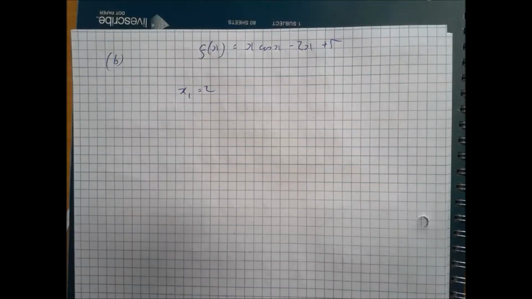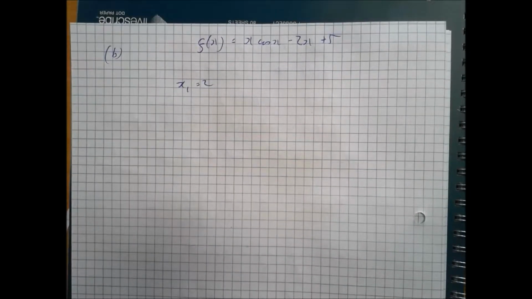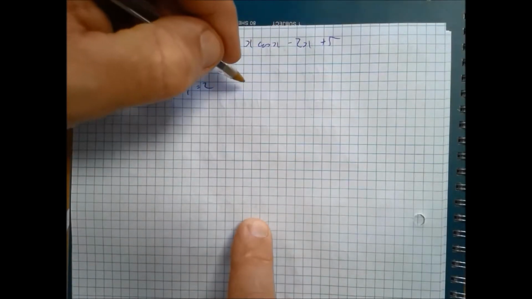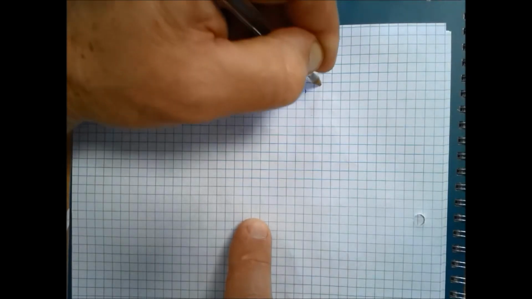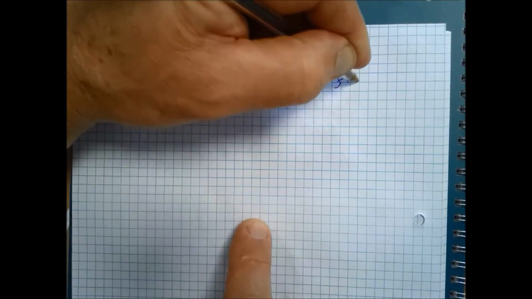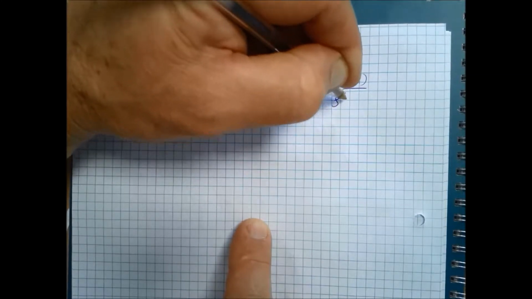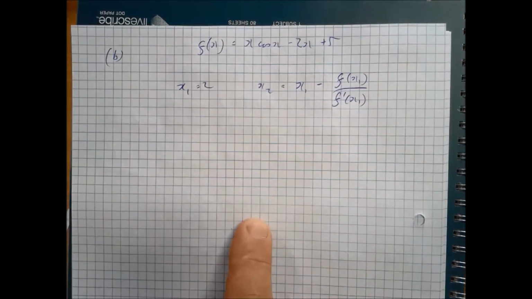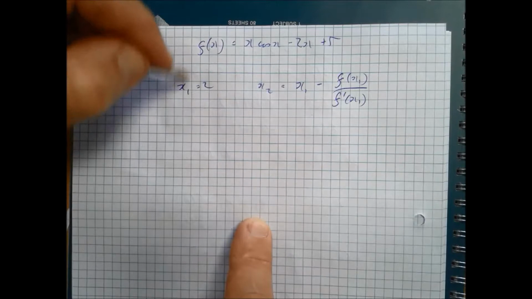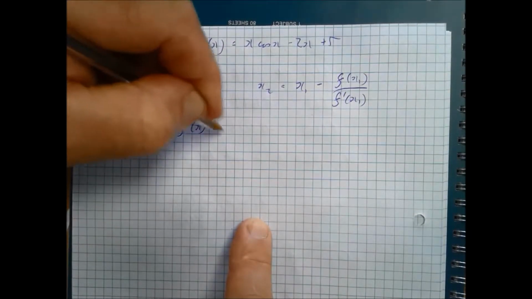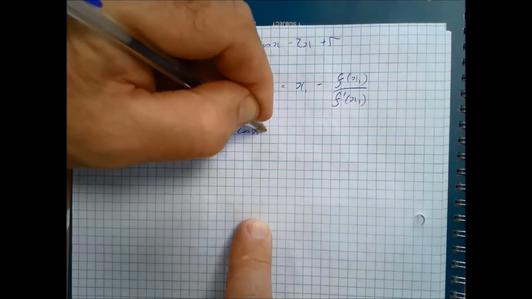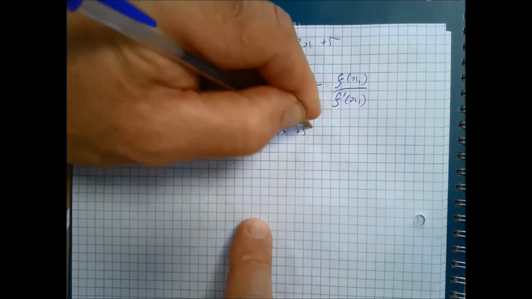Okay, part B is looking to use Newton-Raphson to establish a more accurate answer using a first iteration of 2. Now, Newton-Raphson says that x2 is going to be x1 minus f of x1 over f dash of x1. We've got f of x up here, so f of x equals x cos x minus 2x plus 5.